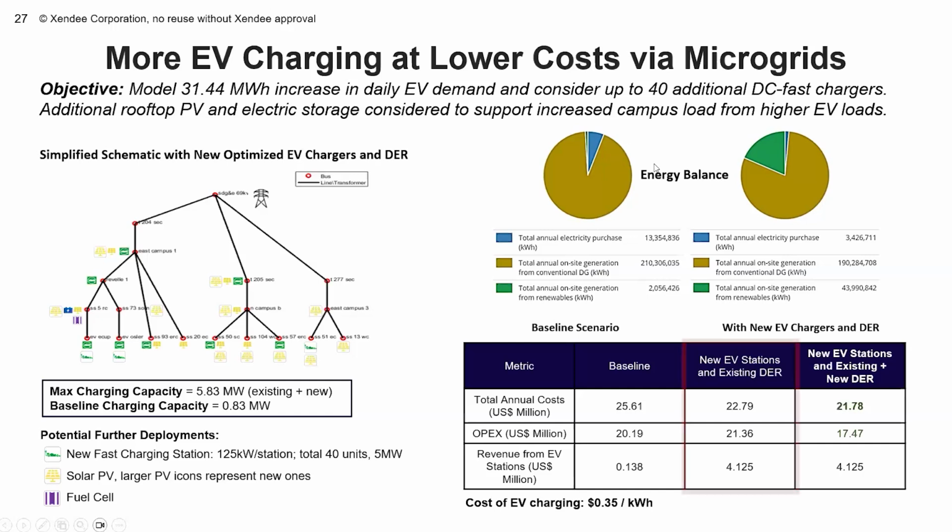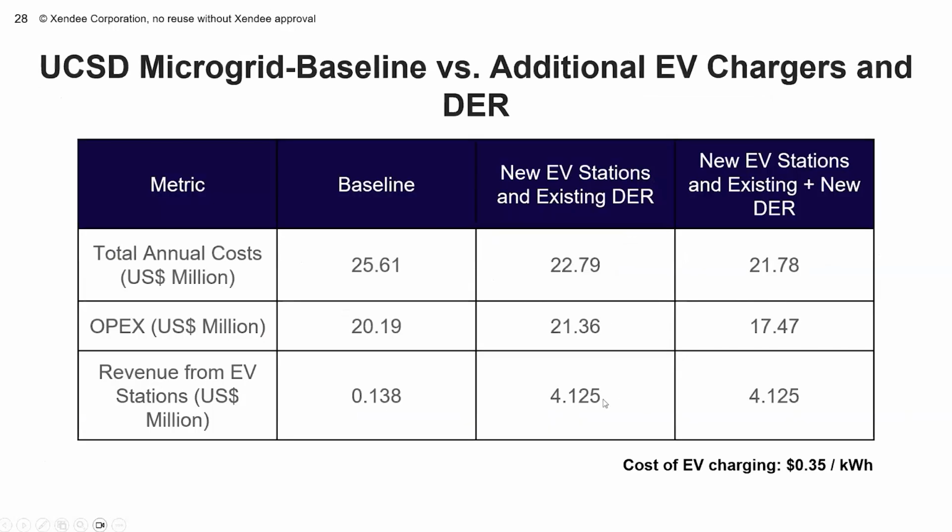The first one was just upgrade the chargers in a smart way, these 45 or 6 fast chargers, and place them so that we're not burning the distribution system, but don't upgrade the distributed energy resources, okay? And you can see that already with this, we are reducing the cost, but it's only because we're selling more to the electric vehicles.